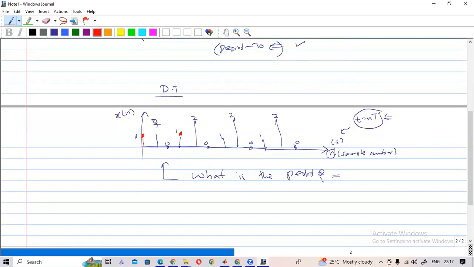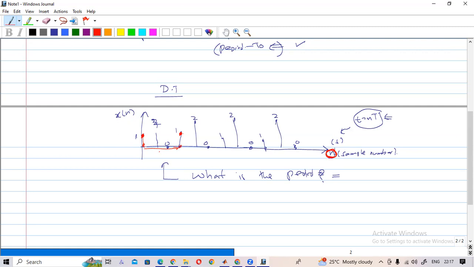So I choose this point and this point. These are two consecutive points. Then I am measuring the period. Normally for a continuous time signal, I am measuring the time from here to here. But now I am measuring the samples, because now I am going to tell my period with respect to sample number.